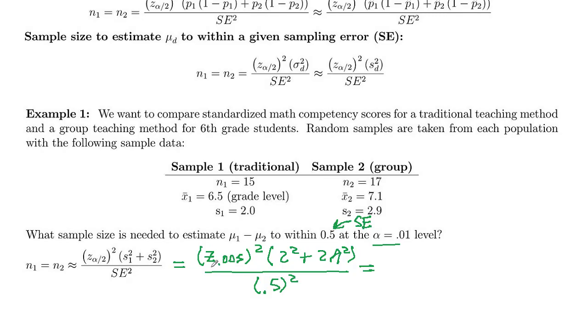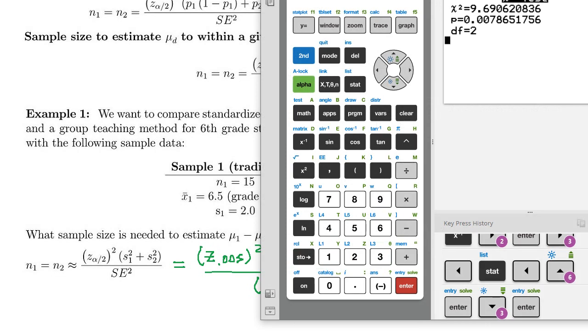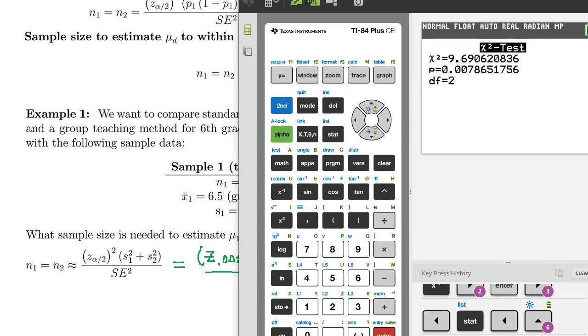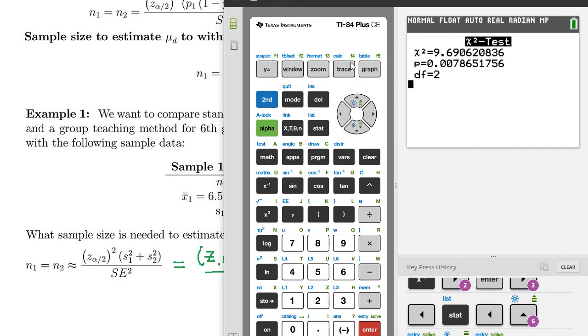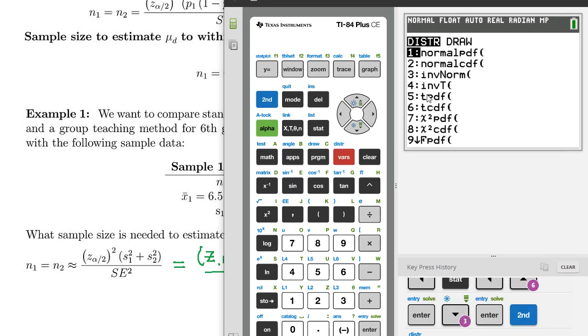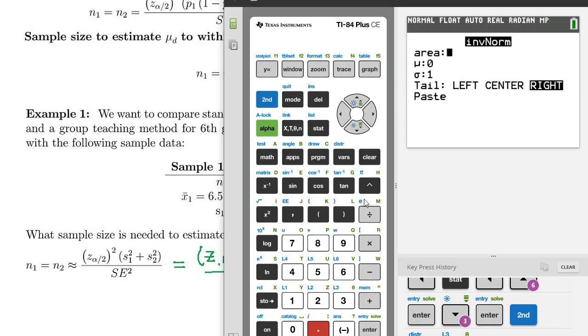So let's go ahead and find that z-score. Pull up the calculator here. That's the z-value with 0.005 to the right, so 0.995 to the left. So we'll go to second distribution. We want inverse norm, option 3. Our area is left area, 0.995.